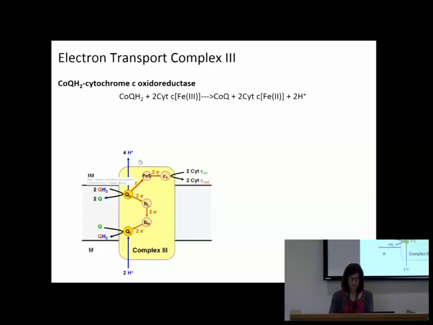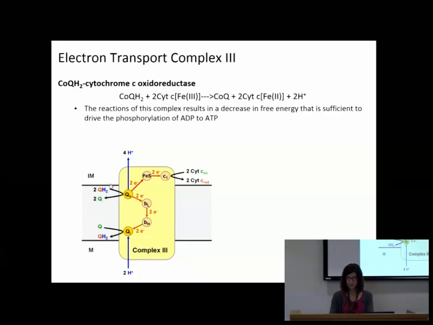The electrons are going to be taken up by our, let's just look at this part right here. All right. This is the Q cycle. We're not going to look at this part. So you can X out this part of this picture, but you want to take a look at this part. So you're going to take the electrons from the reduced form of coenzyme Q. You're going to give it to iron sulfur centers and cytochrome C1.